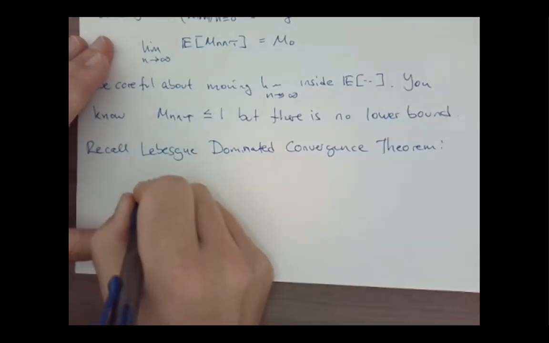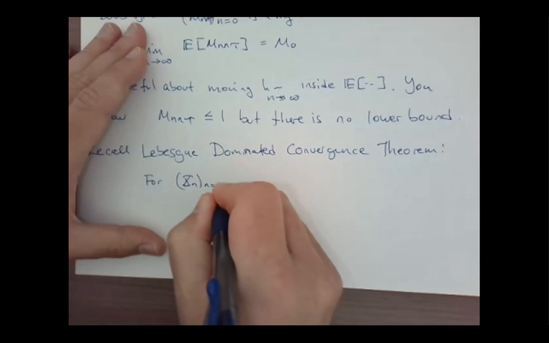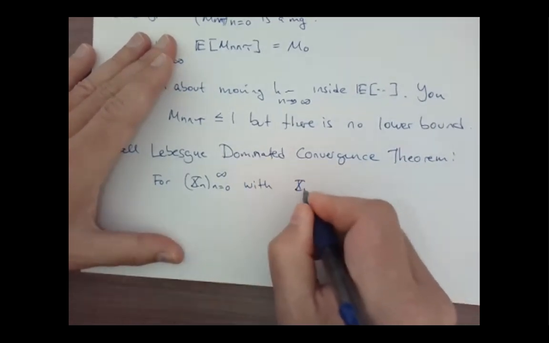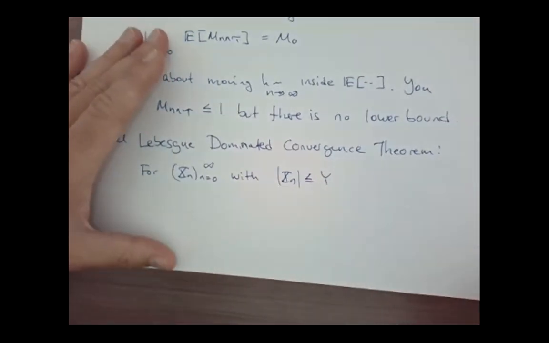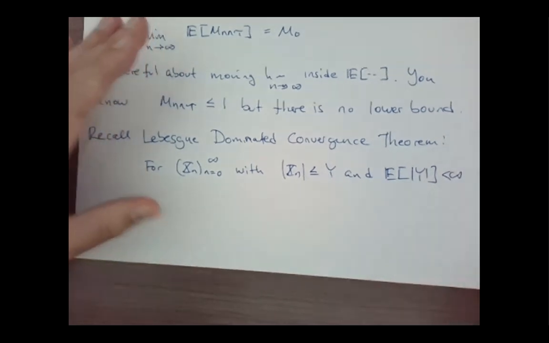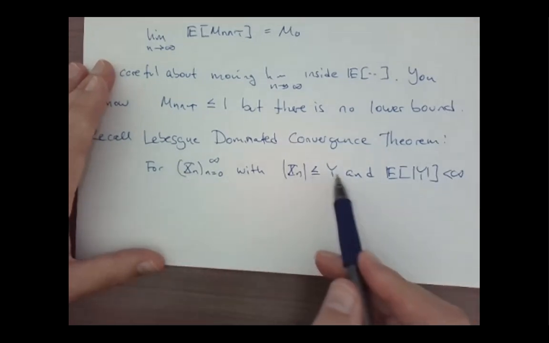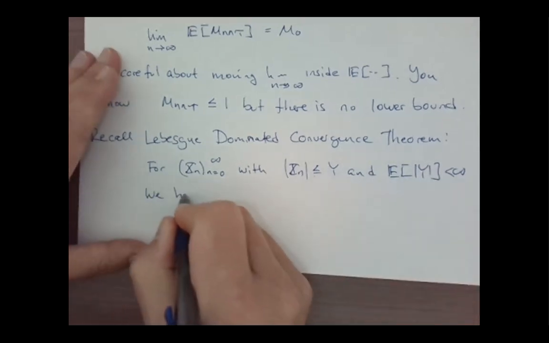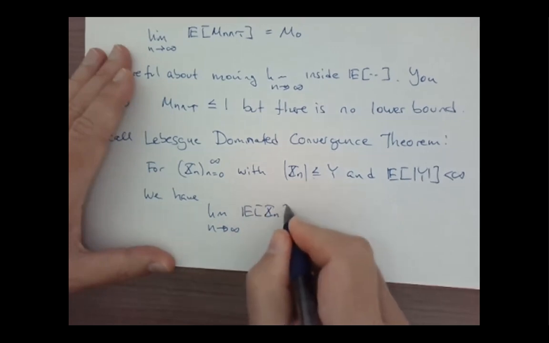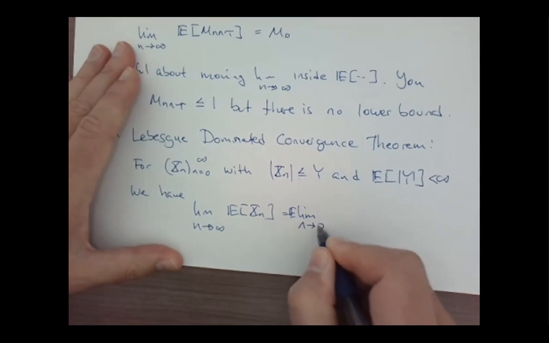It says that for a sequence of random variables X_n with absolute value bounded by Y, and Y integrable, that's why it's called the dominated one, because Y dominates. If I compute the limit of the expectations of X_n, I can do that by pulling the limit inside.